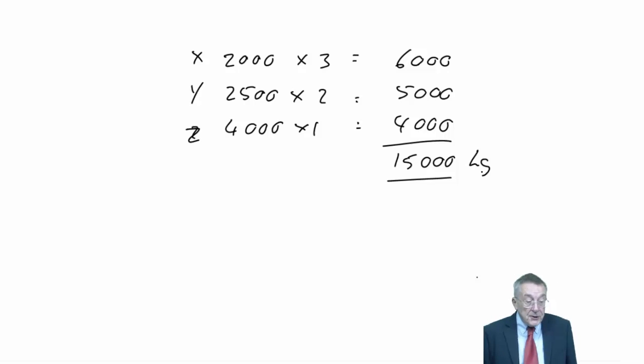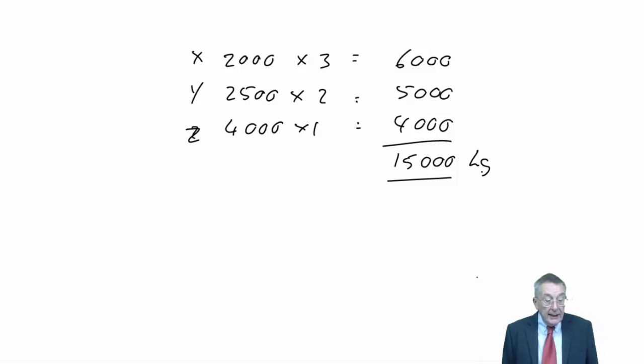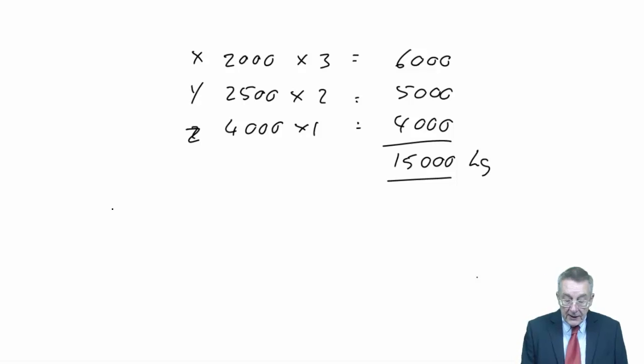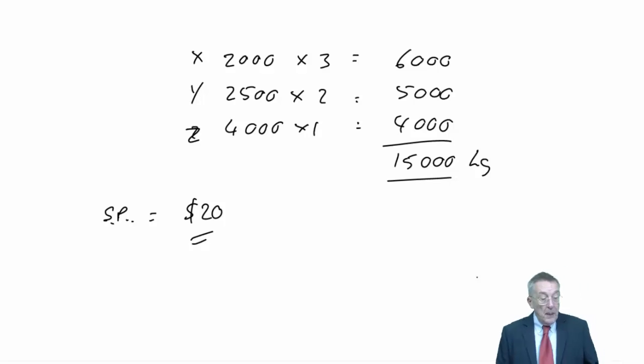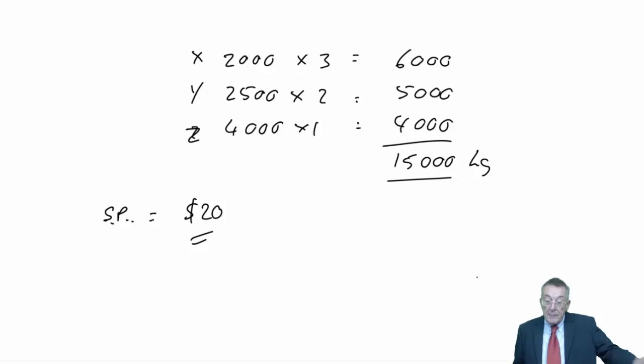Now, I am going to assume that the selling price of all these products is higher. Let's assume that the selling price of all the products is, let's say, $20 for each product. So we'll still be profitable, is what I'm getting at. In product X, if we make ourselves, we pay 10 and we sell for 20, it's profitable.